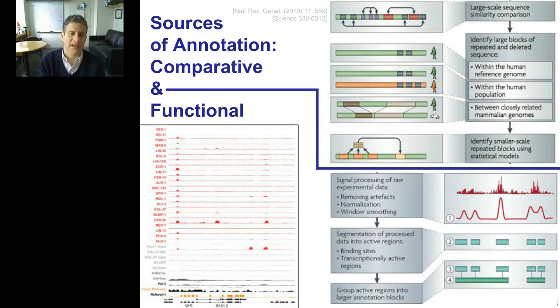The other type of annotation, of course, is a functional annotation. And here what happens is someone does a high-throughput experiment. They used to be, for instance, array-based experiments. Now everything is next-generation sequencing, where one gets a readout across the whole genome of a functional signal. And usually this readout is a very noisy signal that the computer analyst will take and smooth, and then essentially peak call it or threshold it to find various annotation blocks.